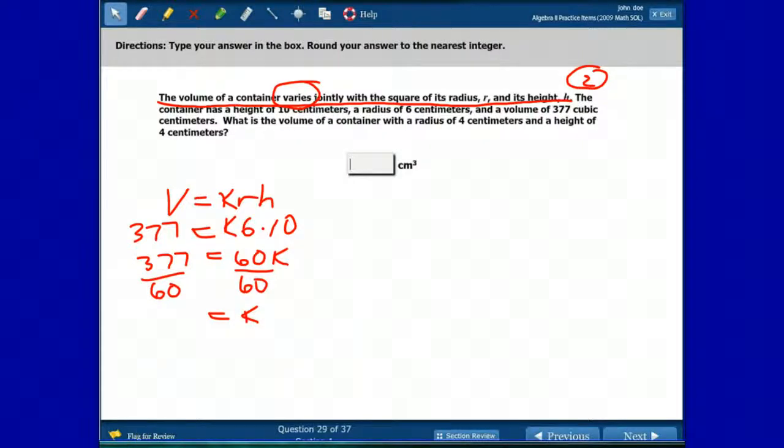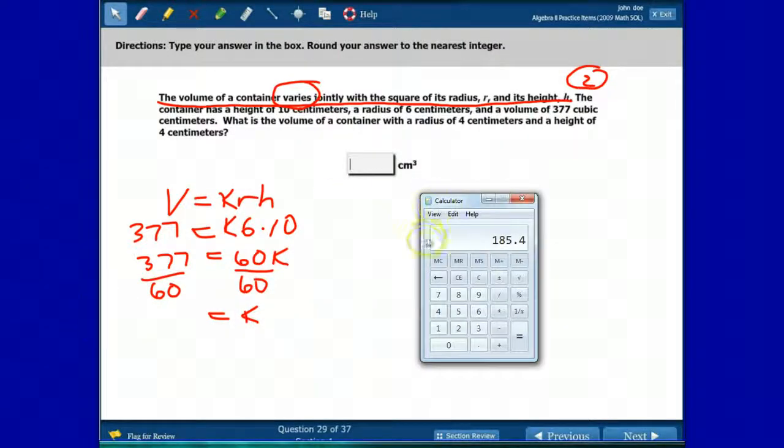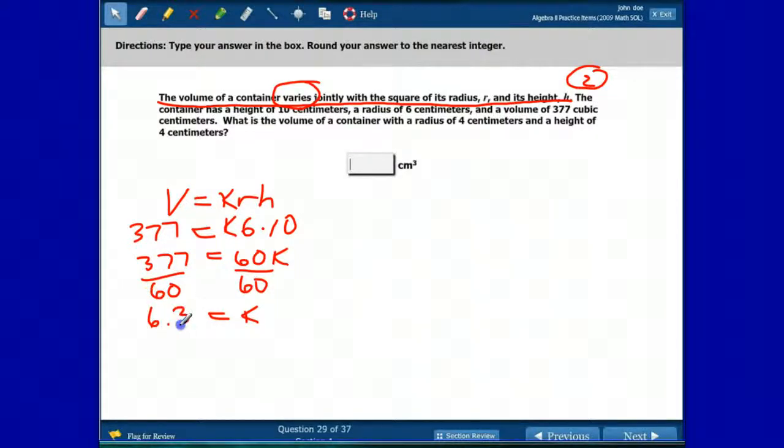I gotta do this on my handy dandy calculator because it's faster. We're going to do 377 divided by 60. 6.28. Alright, so I'm just going to put 6.3.